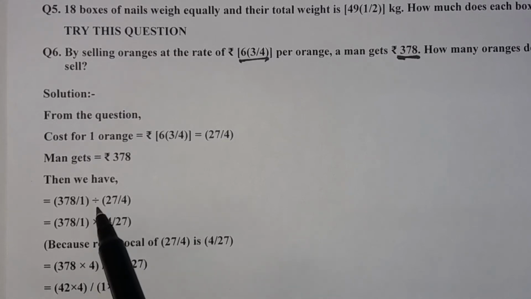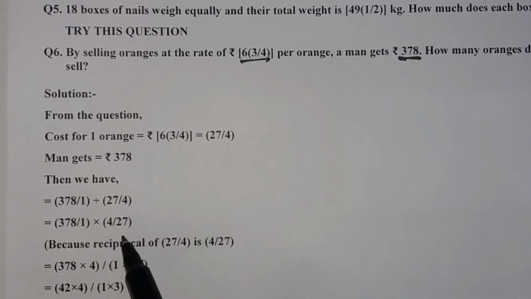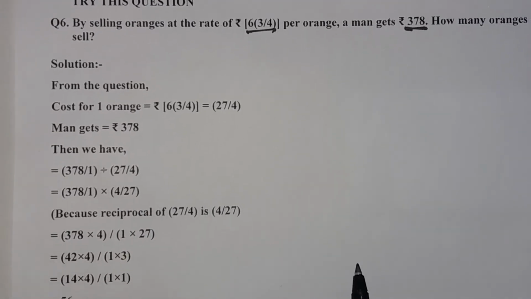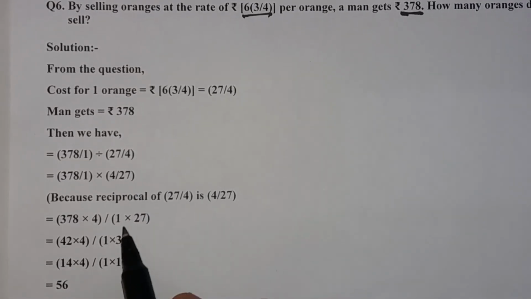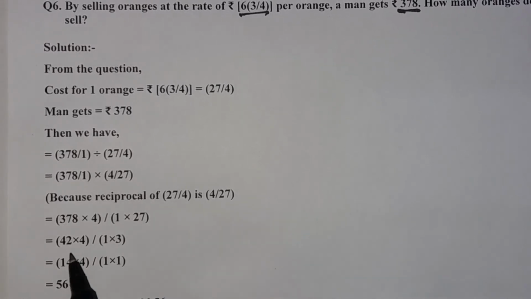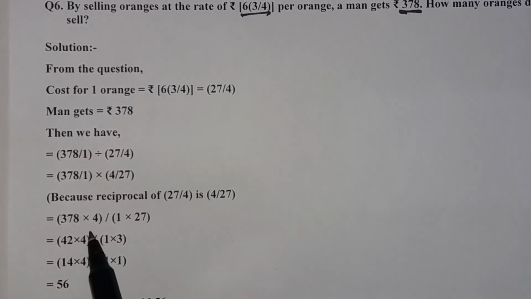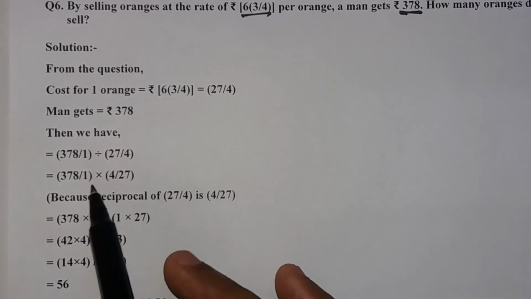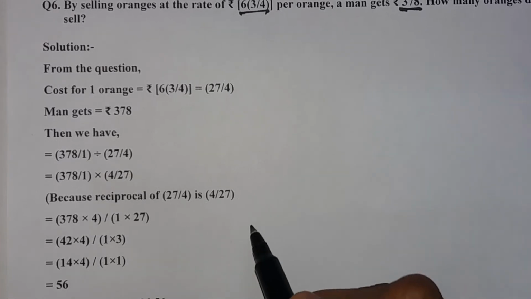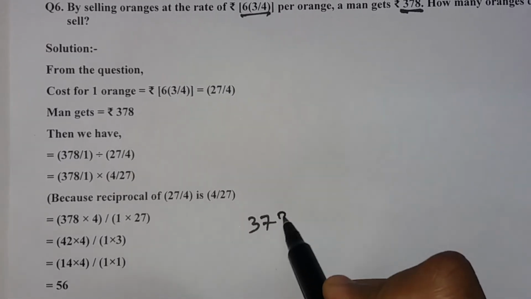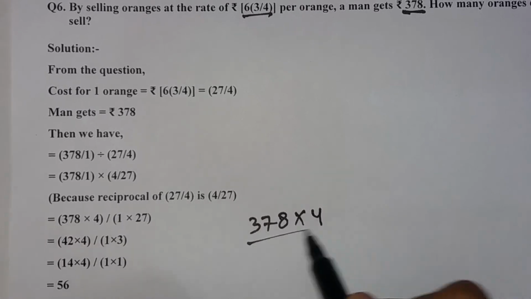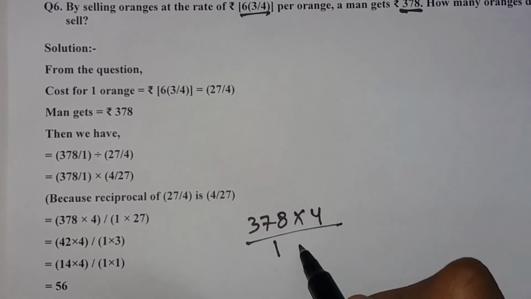Converting the division sign into a multiplication sign by taking the reciprocal, it becomes 4 upon 27. So 378 into 4 upon 1 into 27.